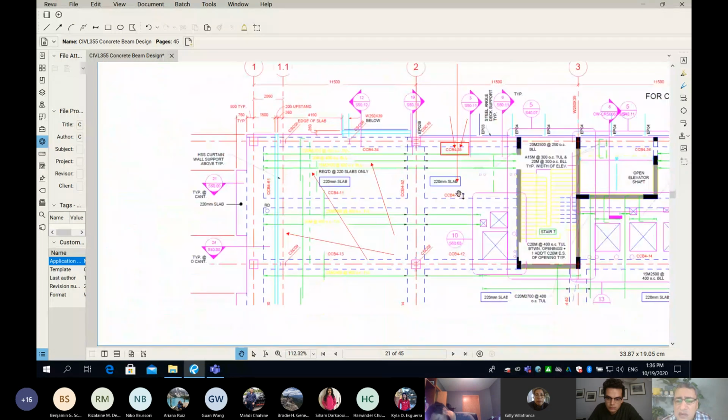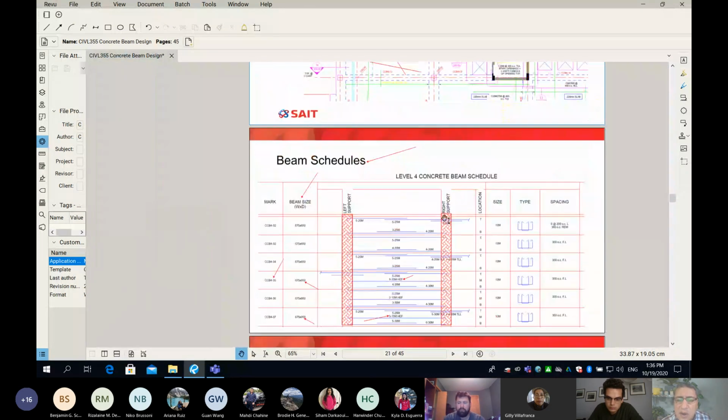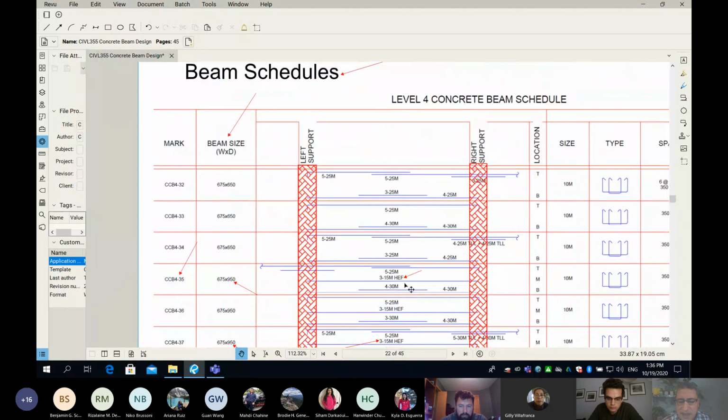The only place in the entire set where it explicitly mentions how many rebars is here. This is for changes. If the designer went back and changed the numbers and came up with different reinforcement, there is only one place in the entire set that he or she needs to change.